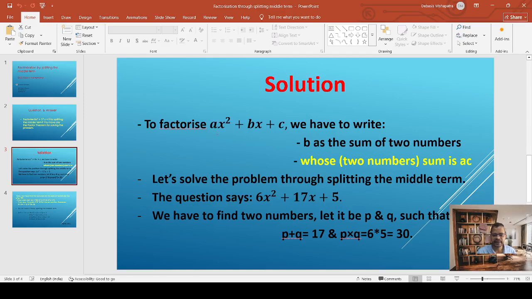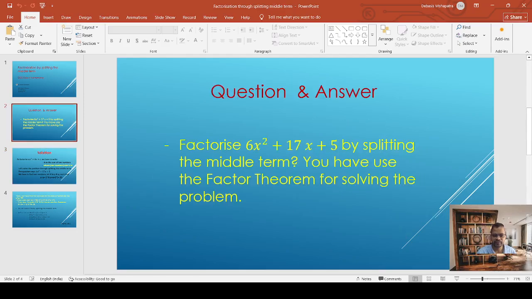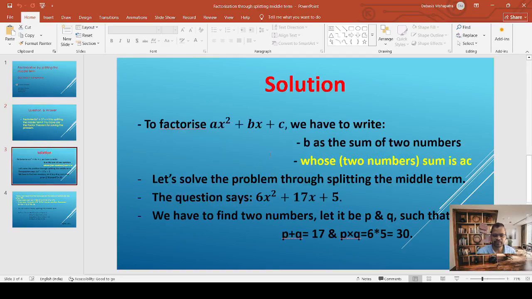To factorize ax square plus bx plus c, here 6x square plus 17x plus 5, we have to put it in the formula. If there is an algebraic equation like ax square plus bx plus c, then we have to find out that b is the sum of two numbers, and if we multiply those two numbers, the product will come as ac.